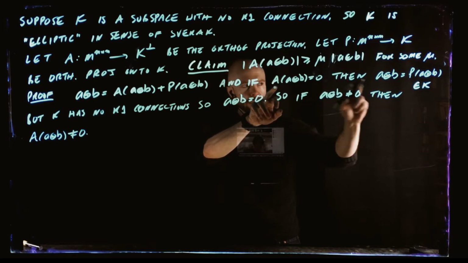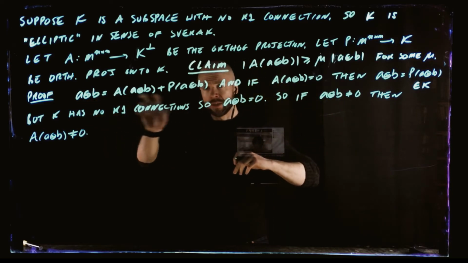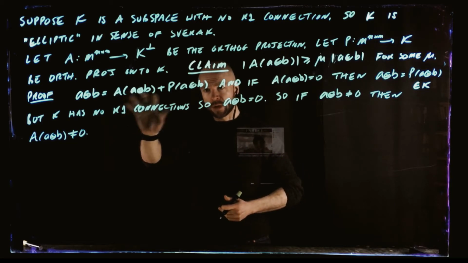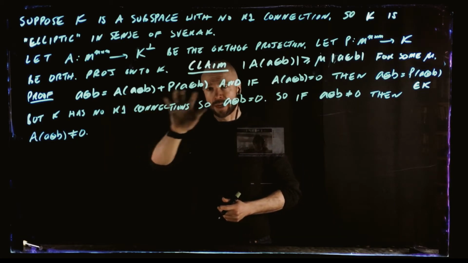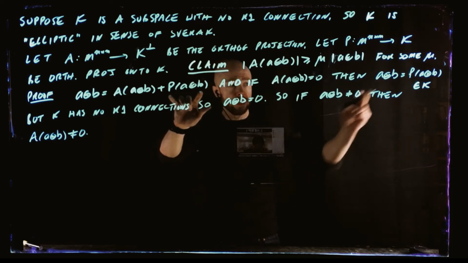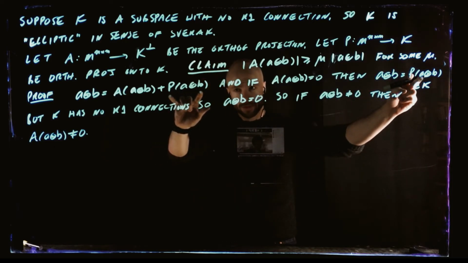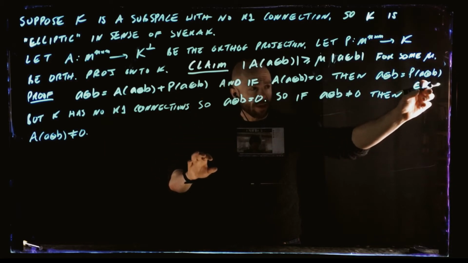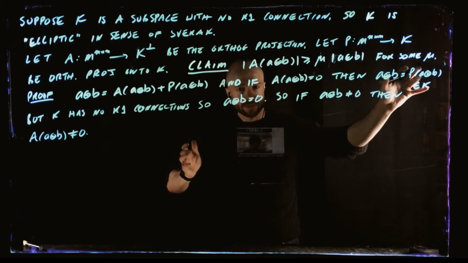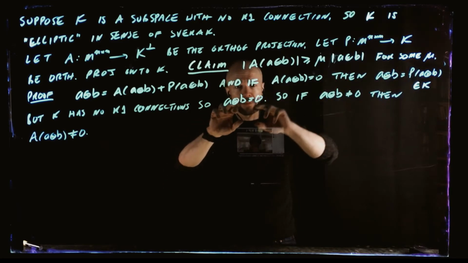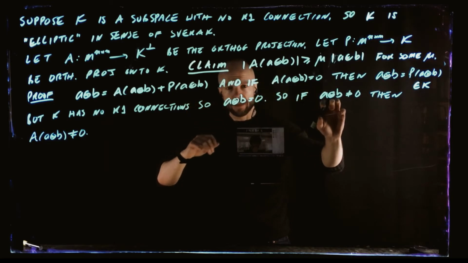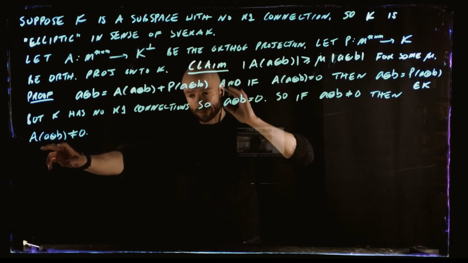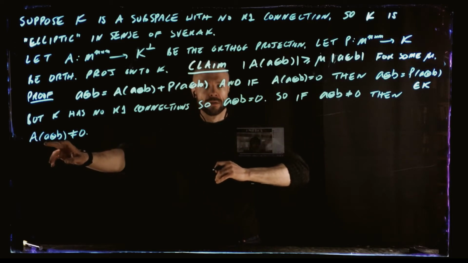Well, A cross B has a unique decomposition into projection onto the subspace K perp and onto K. If this part is equal to 0, then it must be entirely projected onto K. In other words, it's equal to its projection onto K. Therefore this guy is inside the subspace K, so it cannot be a non-zero rank-1 matrix inside this subspace. So it has to be equal to 0, which is a contradiction. So for any non-zero rank-1 matrix, the projection onto the orthogonal complement of K is non-zero. Cool.